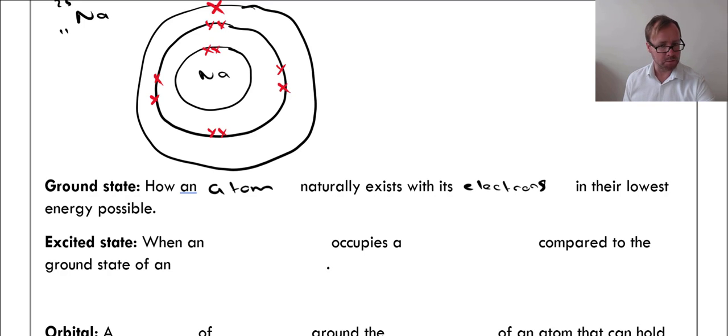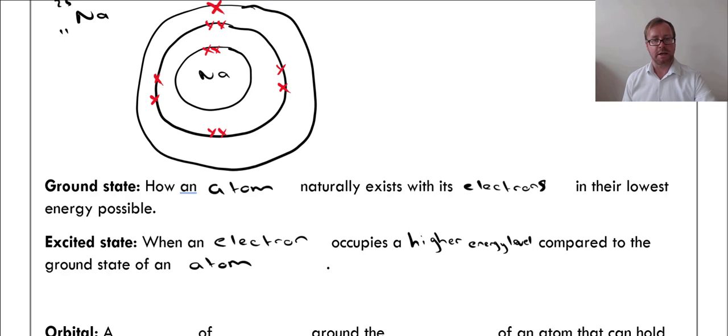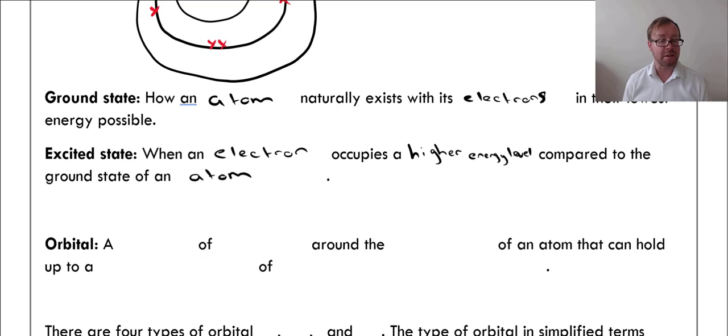Excited state is when an electron occupies a higher energy level compared to the ground state of an atom. Okay, so they're just some definitions that you may come across in a book. We don't really need to go in very much detail about that at this minute.